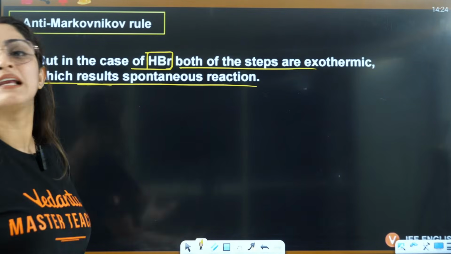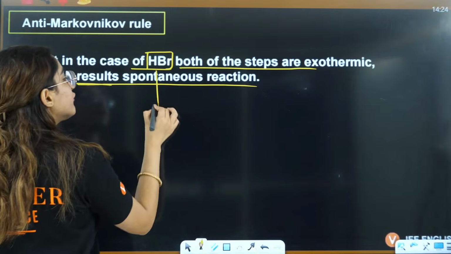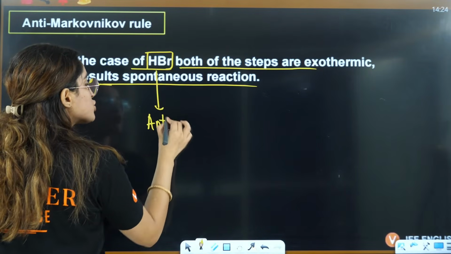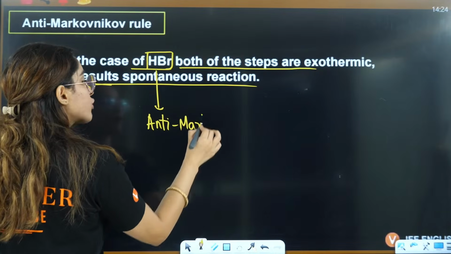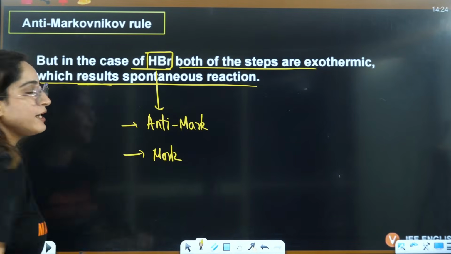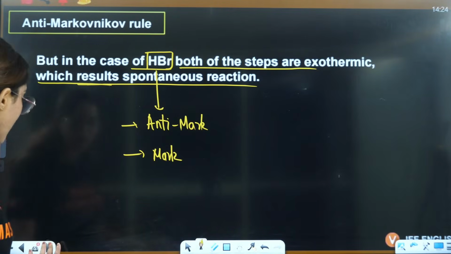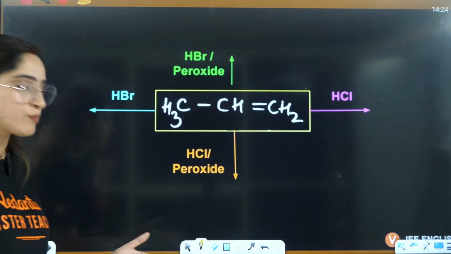That means energy is released in those steps in case of HBr. So that's why HBr will give you anti-Markovnikov as well as Markovnikov, depending upon whether you have used peroxide or not. But HCl and HI will give you the same product with peroxide or without peroxide.